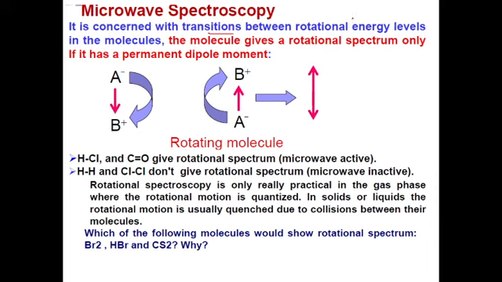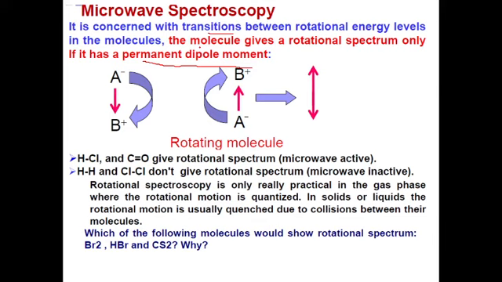There is a change in rotational energy, and according to that a transition happens, which is called microwave spectroscopy. The molecule gives a rotational spectrum only if it has a permanent dipole moment. This sentence is very important, and if you apply this sentence to microwave spectroscopy, then you understand all of it.